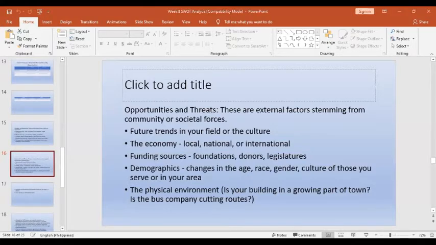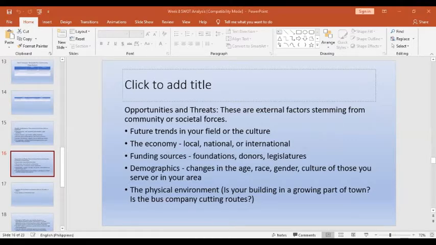The opportunities and threats are the external factors, stemming from community or societal forces, including the competition. What are those external environment factors? The trends: what are the future trends that we need to adapt to so nobody is left behind? The economy: what is the effect of our strategies or plans on the economy, even our funding resources?